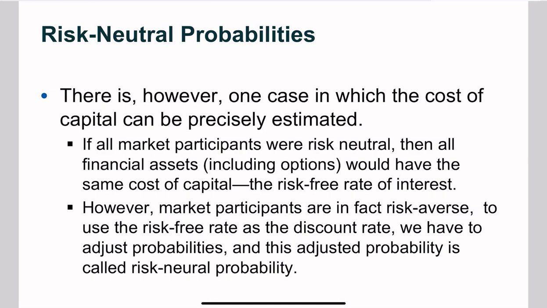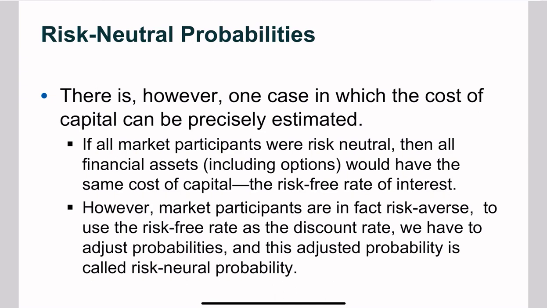They don't need compensation for bearing risk, which implies that if all investors are risk neutral, then the cost of capital for every asset has to be the risk-free rate, which means if investors were risk neutral, we could discount the expected value of the call option using the risk-free rate. So this will make our life quite easy, right?